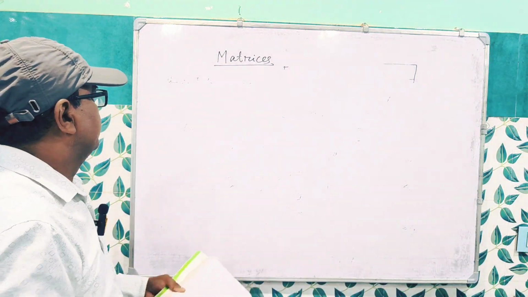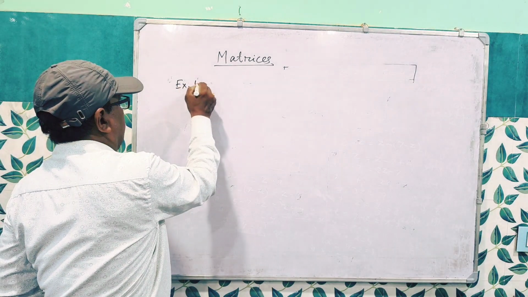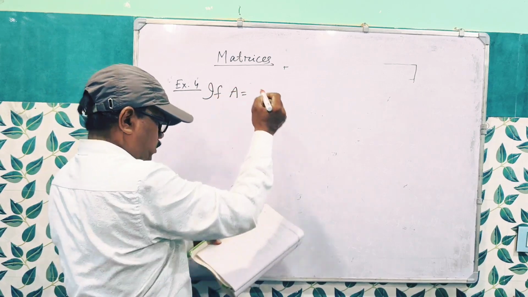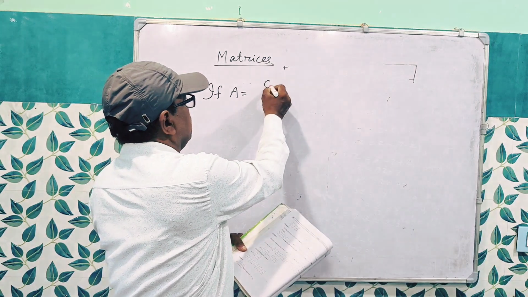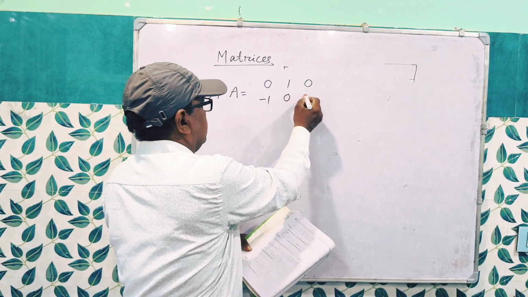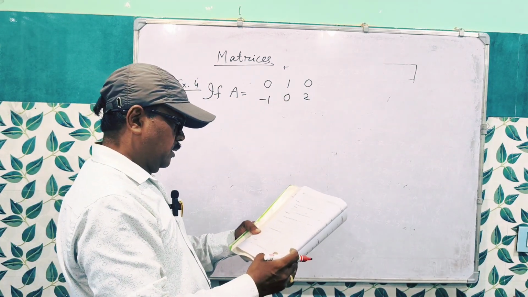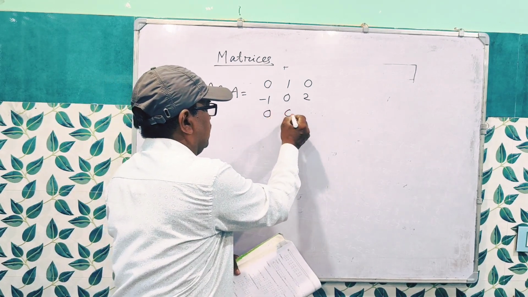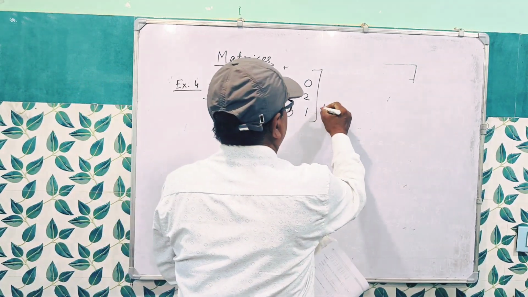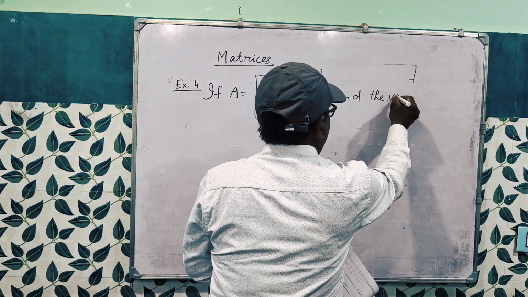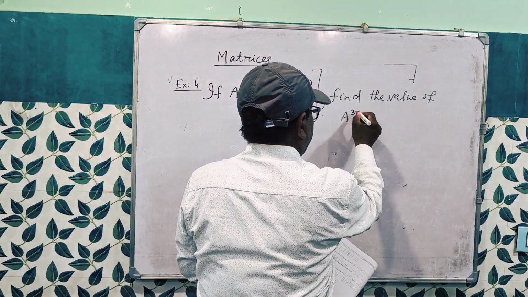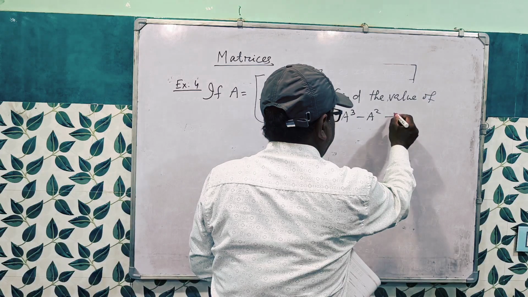Next, example 4. If A is equal to the matrix with rows 0, 1, 0; minus 1, 0, 2; 0, 0, 1, then find the value of A cube minus A square plus I3.